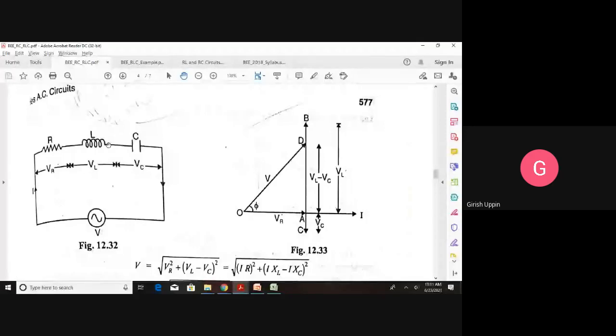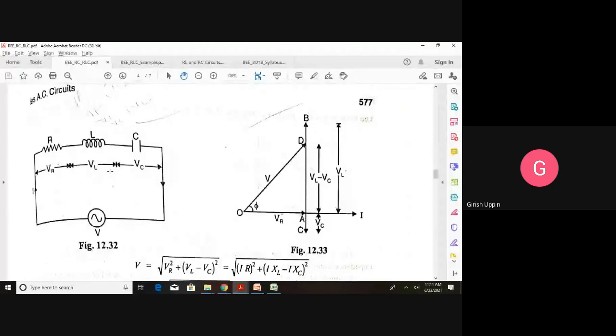The voltage across the resistor is capital VR, the voltage across the inductor is capital VL, and the voltage across the capacitor is capital VC. These are the voltages. Now, the applied voltage would be the phasor sum of VR, VL, and VC. If we draw individually, you can just imagine how it would be.